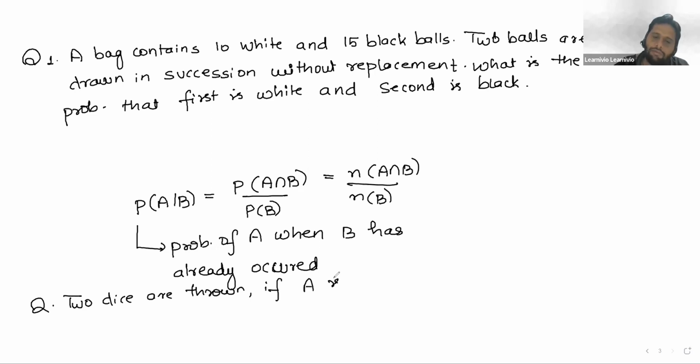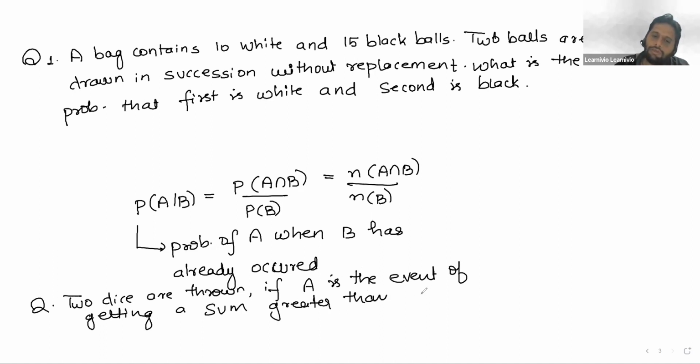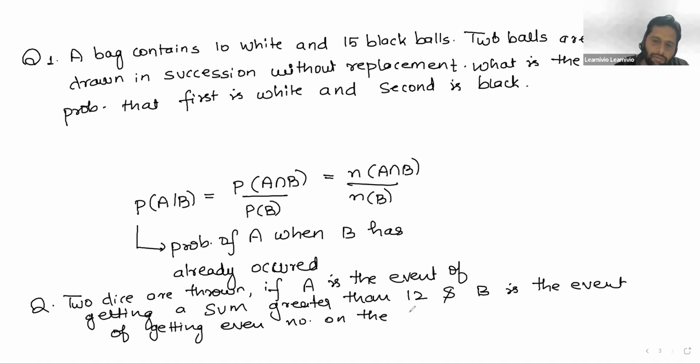If A is the event of getting a sum greater than 8, and B is the event of getting an even number on the first die, then find P(A|B). All of you need to solve this question. Okay, P(A|B), Numa.